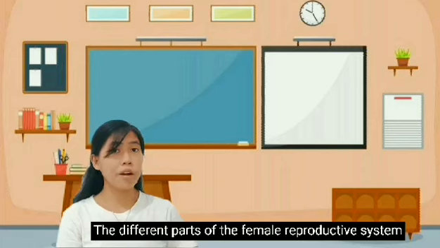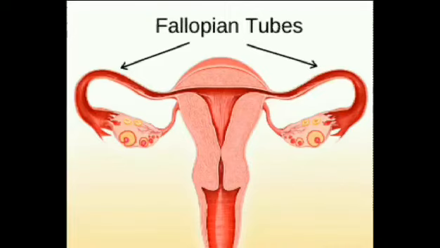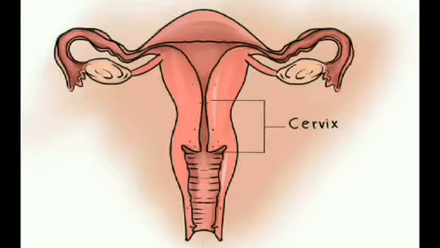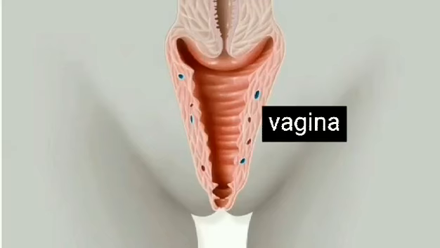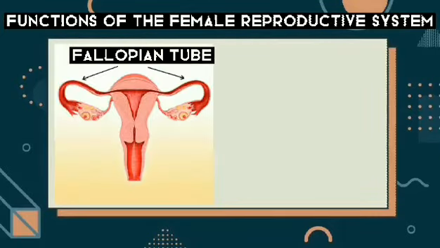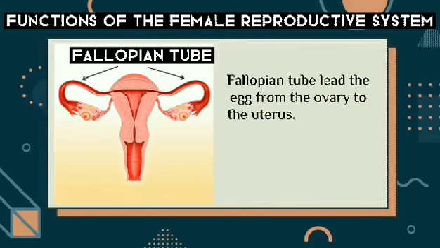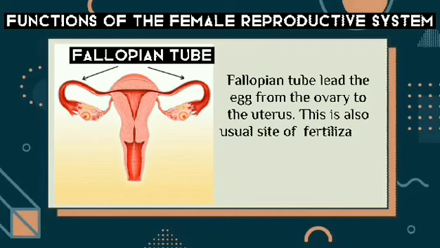The different parts of the female reproductive system are the fallopian tube, ovary, cervix, uterus, and vagina. Functions of the different parts of the female reproductive system. Fallopian tube. The fallopian tube leads the egg from the ovary to the uterus. This is also the usual site of fertilization of the egg cell and the sperm cell.